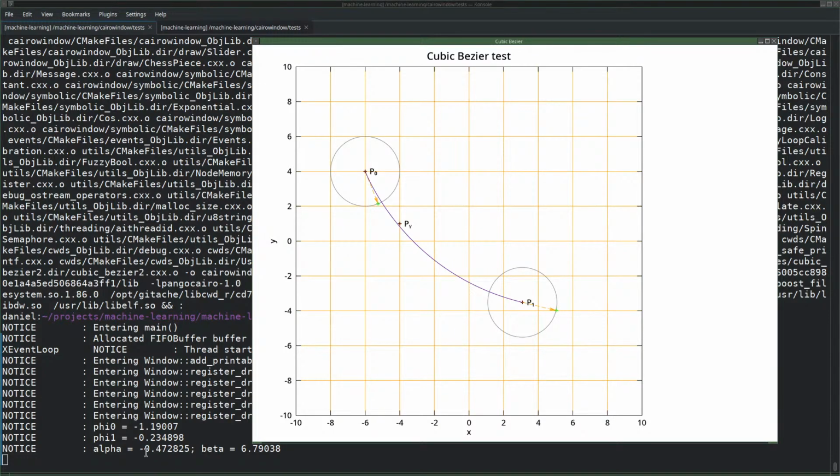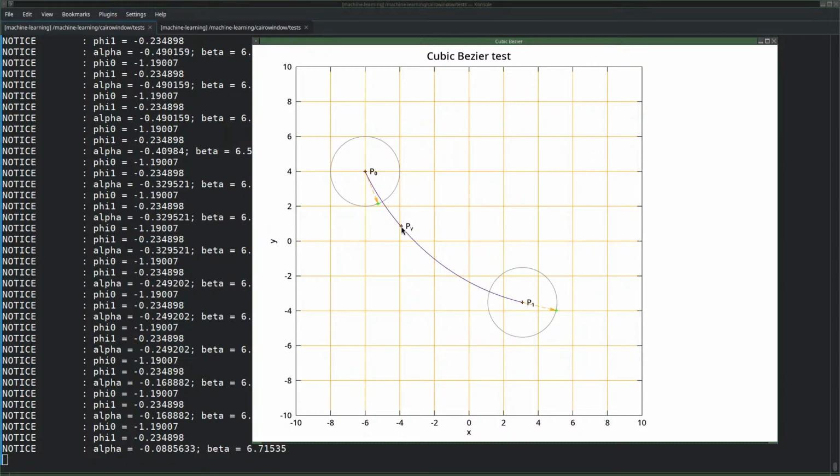So now alpha is negative. I think that's exactly the point where it is not possible anymore.